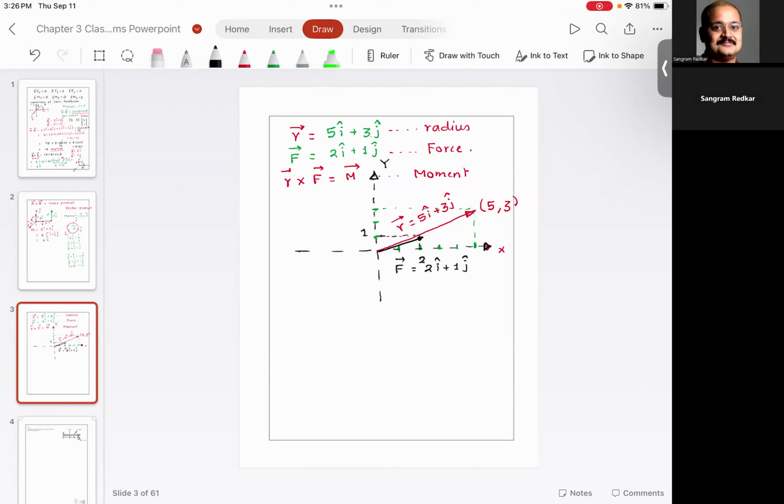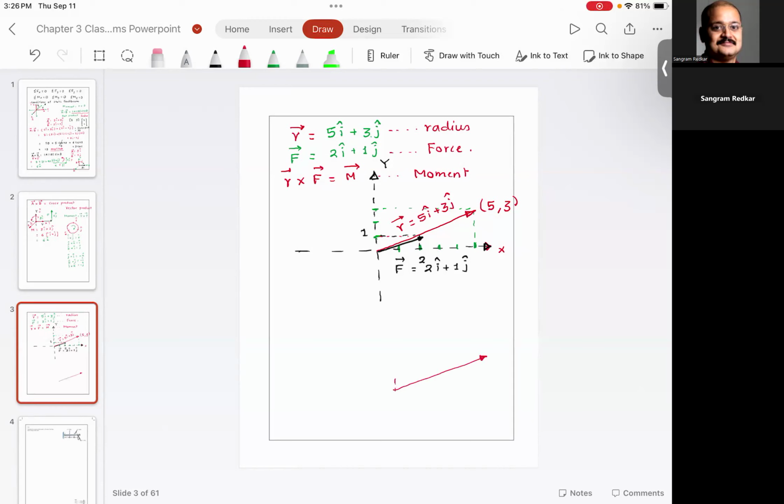So when I do the cross product, the result M would have the unit of R multiplied by the unit of F. In other words, R and F will not have the same unit. The product will take the unit derived from those individual vectors. Everyone understood this? My R, the radius, is in meters, and my force F is in newtons. Now, what exactly is happening? I want to show you over here. So I have this radius.